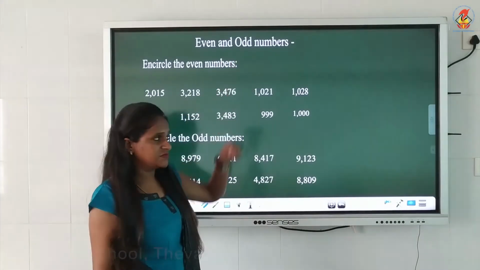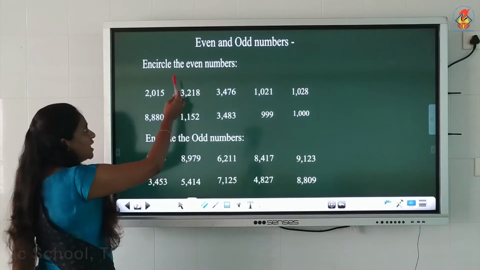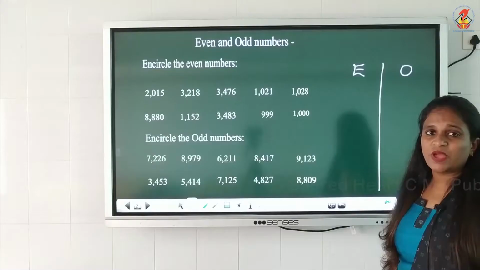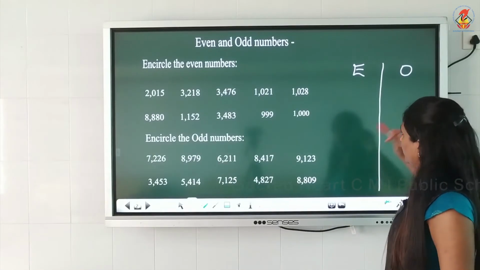Even and odd numbers. Here the question is, encircle the even number. 10 numbers are given. You have to find out which is even and which is odd. What is meant by even number and odd number?